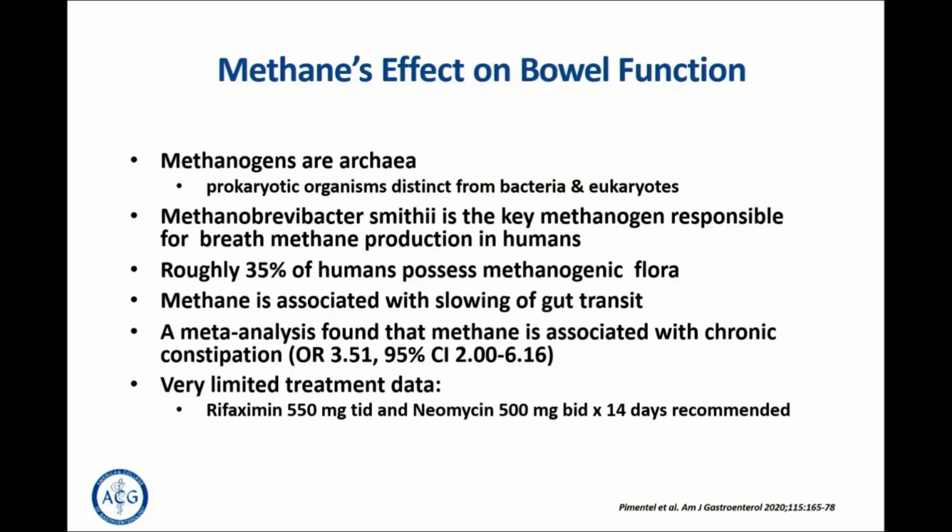Methanobrevibacter smithii is the key methanogen responsible for breath methane production in humans, and roughly 35% of humans possess methanogenic flora. Why is it important? Because it's associated with a slowing of the gut transit. This meta-analysis looked at methane, and it was associated with chronic constipation with an odds ratio of 3.5. And there's very limited treatment data using rifaximin and neomycin.